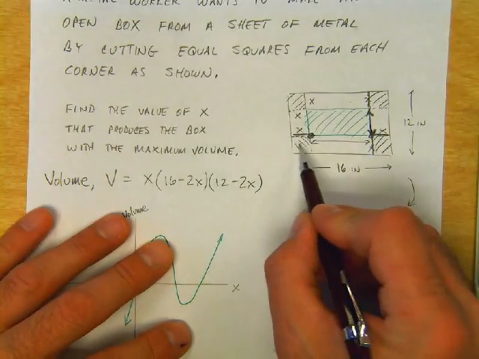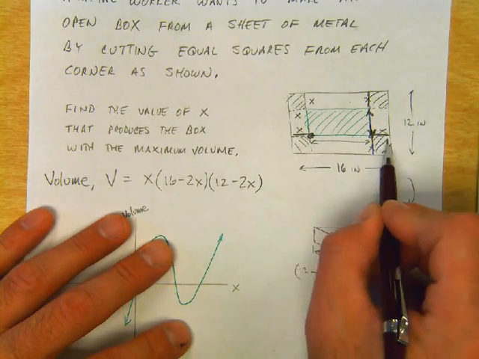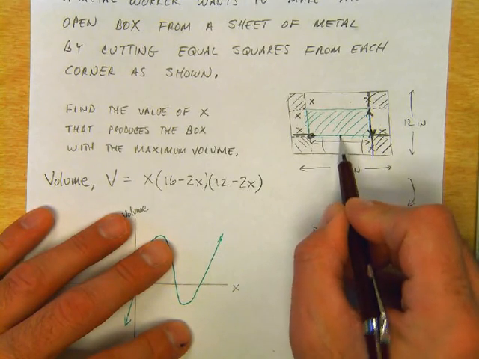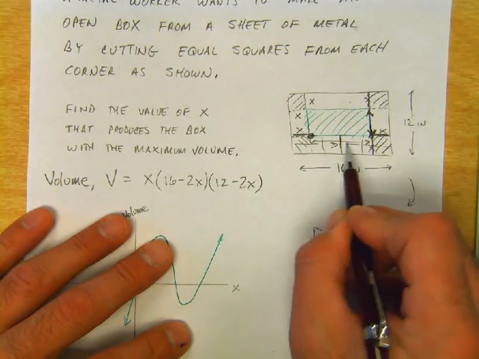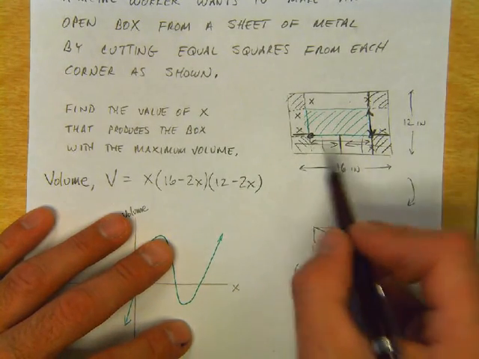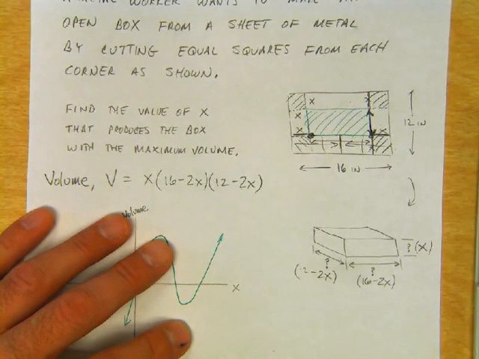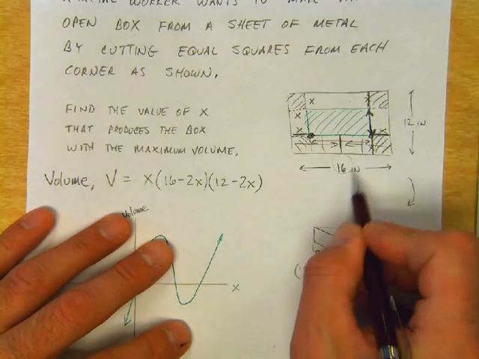The biggest that you could cut out would be if they met right in the middle, right? And how long would that distance be? 8.5? Let's see, 8.5 plus 8.5 is 17. They'd overlap. What's 16 divided by 2?